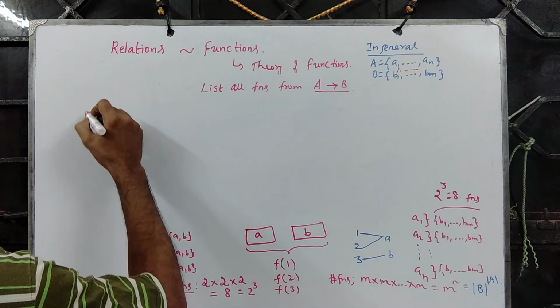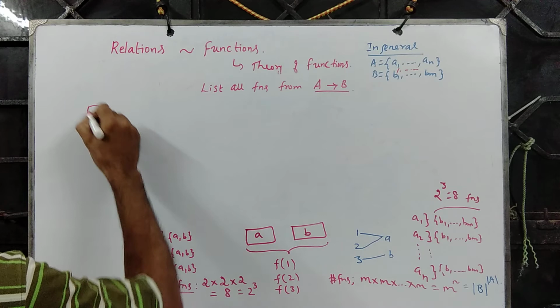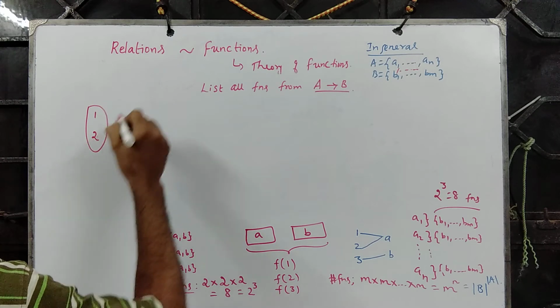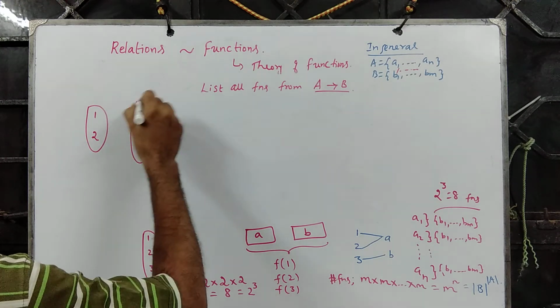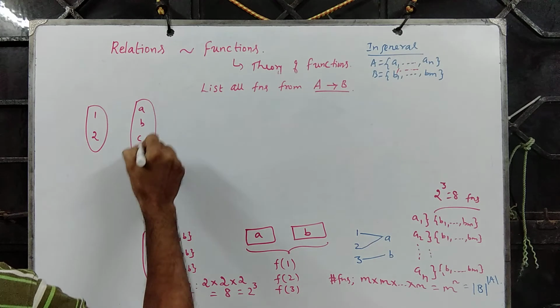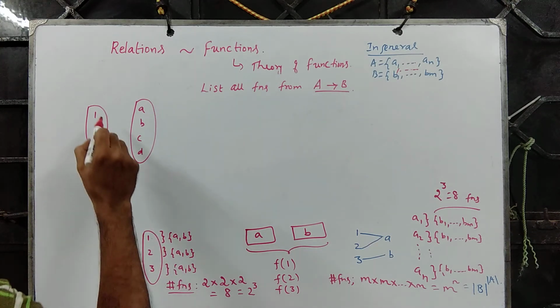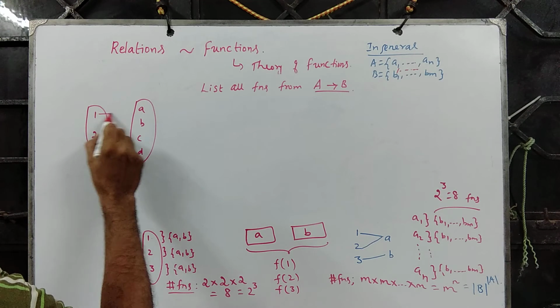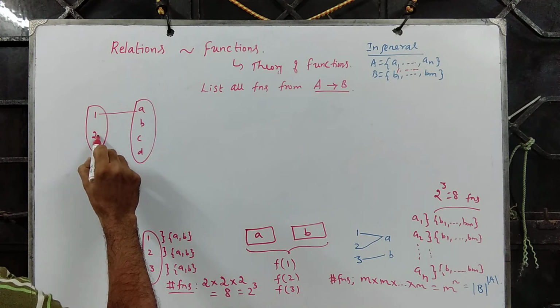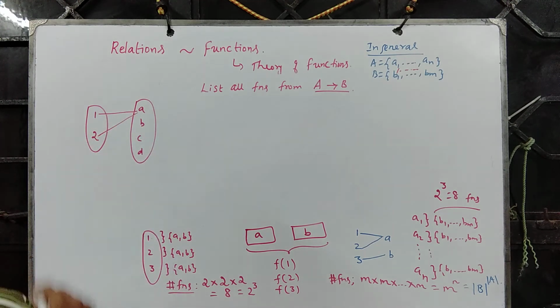Suppose you have got say 2 elements in the domain and say 4 elements in codomain, then you see that you get a function in which 1 and 2 are mapped to this.